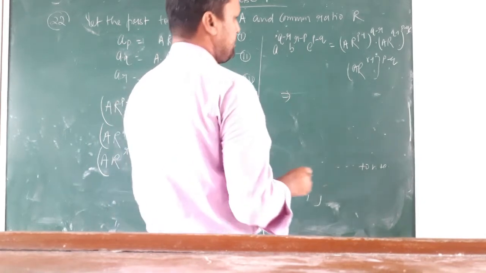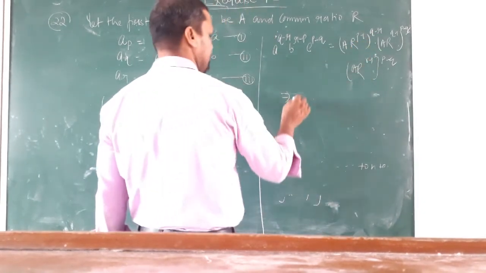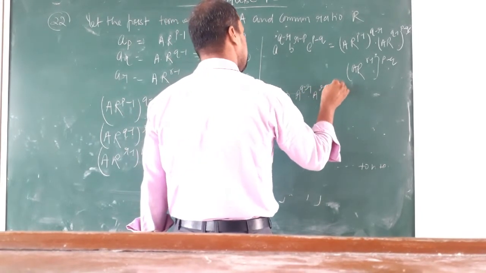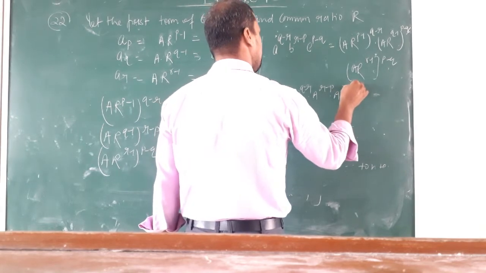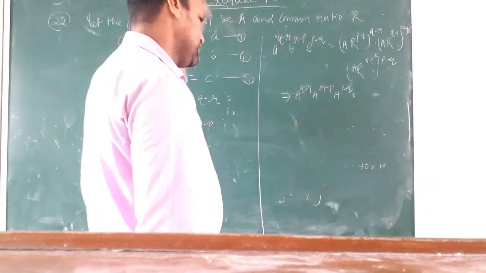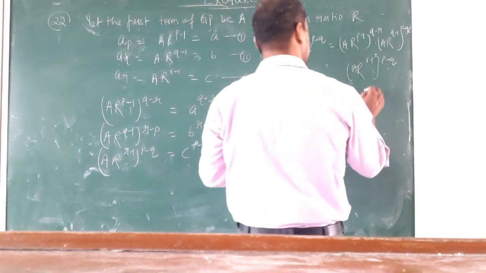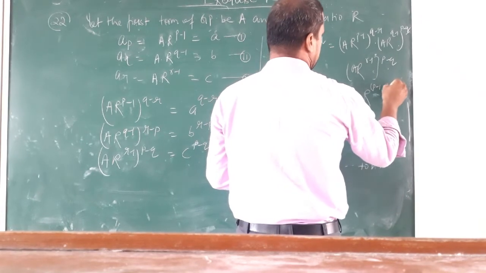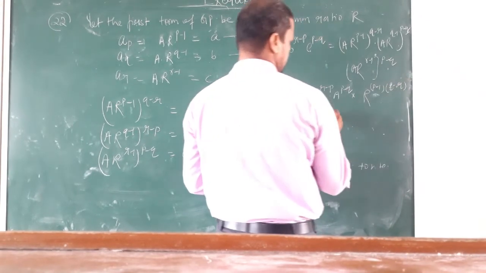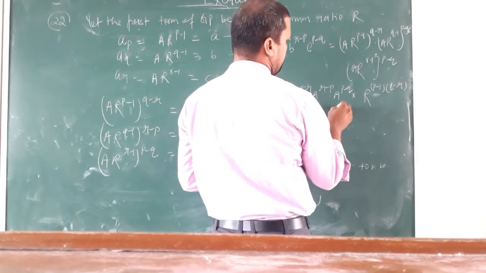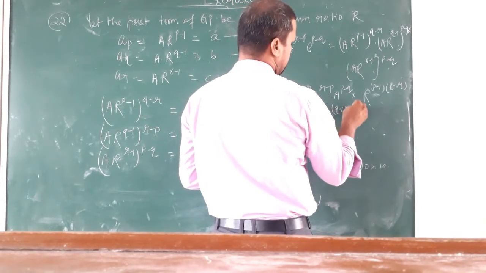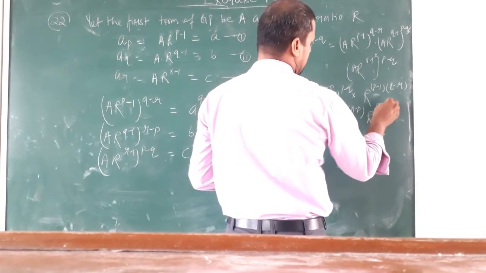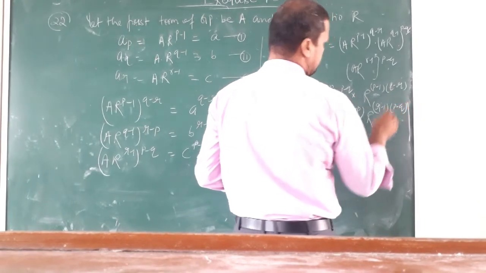So we can write A to the power q minus r into A to the power r minus p into A to the power p minus q, equal to r to the power p minus 1 times q minus r, into r to the power q minus 1 times r minus p, into r to the power r minus 1 times p minus q.